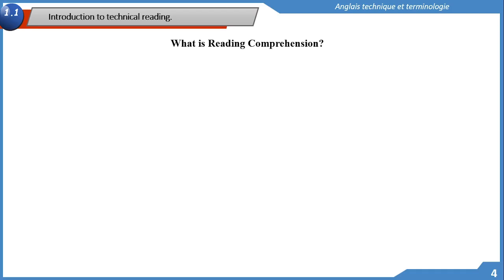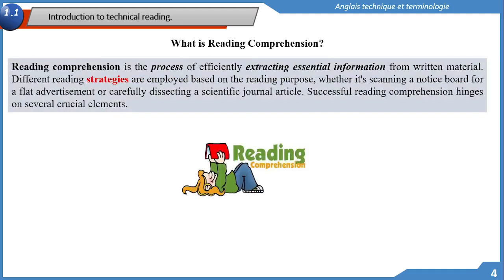So let's ask this question: what is reading comprehension? The first time you hear this question, you may find it a little complicated to reply. So let's explain and give you more information about reading comprehension. Reading comprehension is the ability to read text, process it, and understand its meaning.